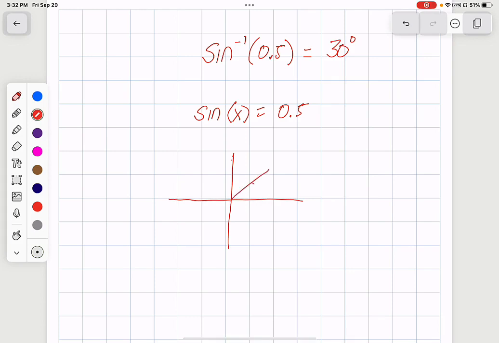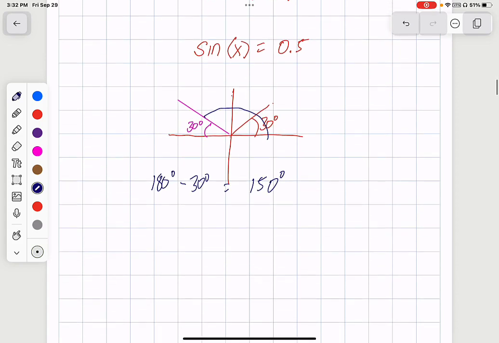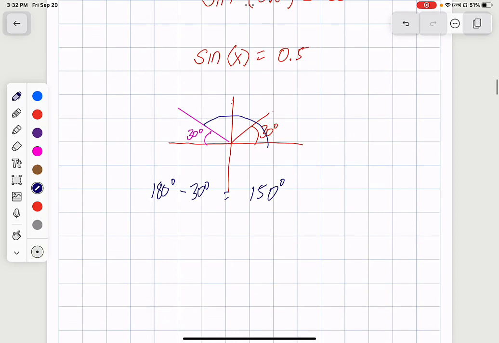You would say, okay, this is 30 degrees, and this angle also has a sine of 0.5, which is 30 degrees from here. So my total angle here would be 180 degrees minus 30 degrees, which equals 150 degrees. So your answer is going to be 30 degrees and 150 degrees.